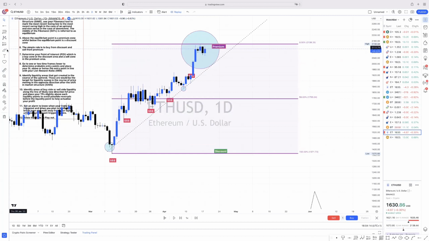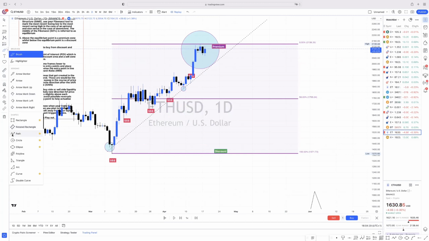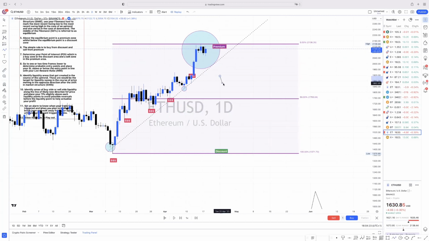Now, what I was trying to explain there is that what you guys have been taught is that when you see price consolidating in a particular area, going like this and all that, and at the moment you see a shift in market structure, let's say you see a shift in market structure like this, it is a signal that price is likely to continue to go up.